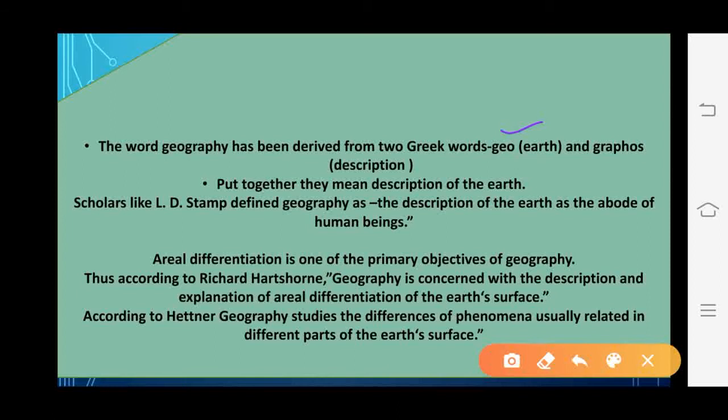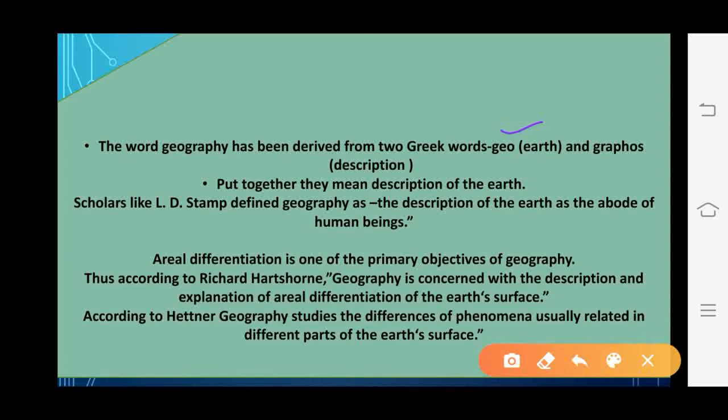Now besides this definition, geography सिर्फ description नहीं है जैसे मैंने बताया, it also studies the areal differentiation. ठीक है, अब याद रखना कि geography क्या पढ़ता है. Geography also studies the areal differentiation, and it is also considered as one of the objectives of geography.